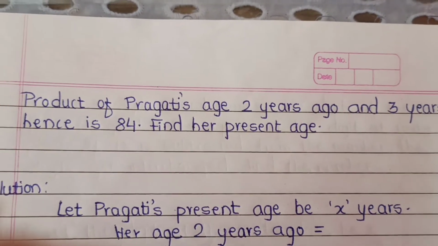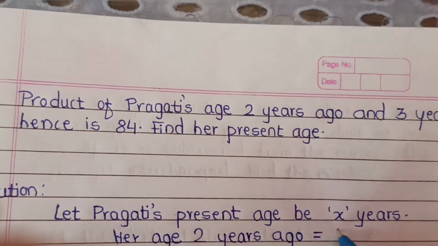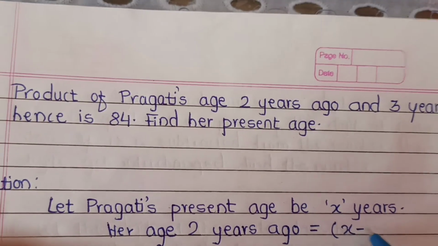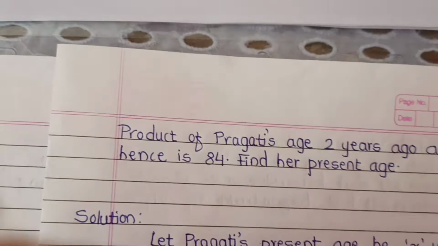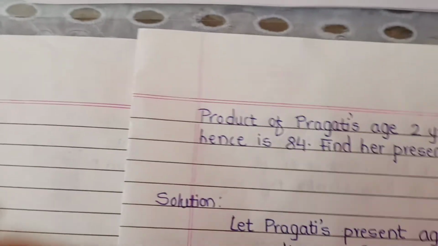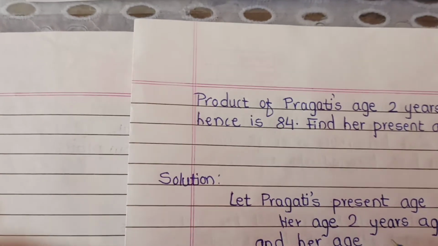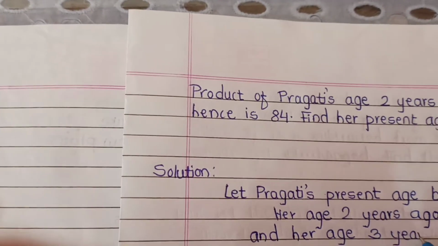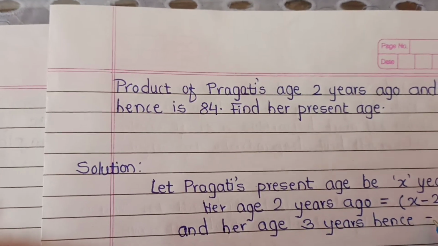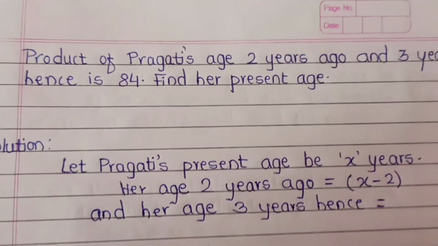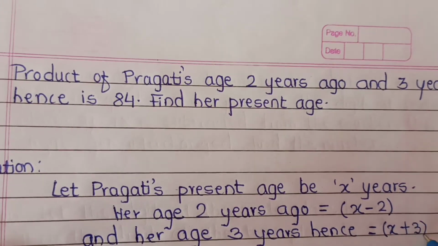Her age 2 years ago. So 2 years ago, that is 2 years before, from her present age we will minus 2. This is her age 2 years before. And her age three years hence: her age after 3 years will be, in her present age we will add 3.